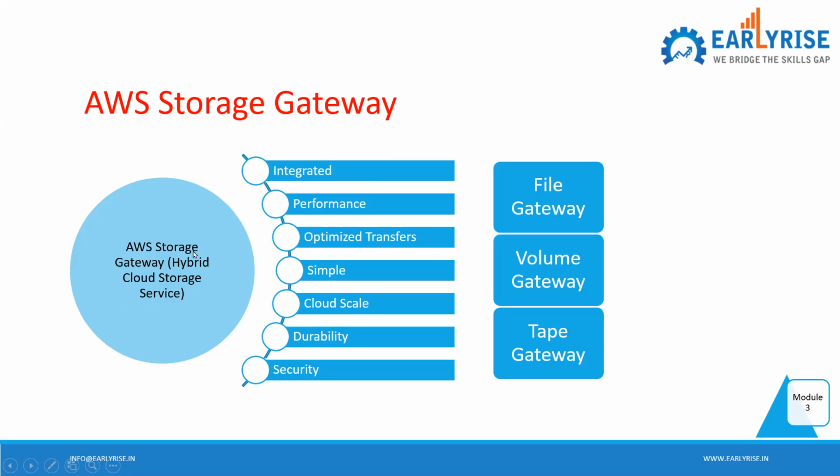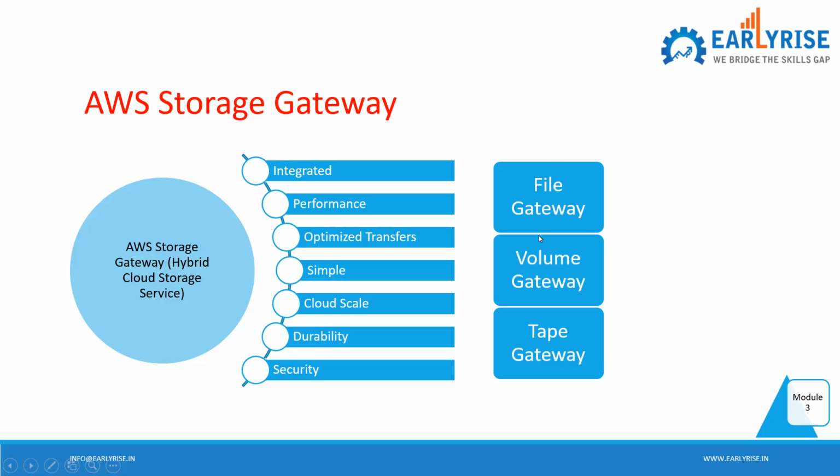Here it is as mentioned. So now your on-premises will get access to storage in the cloud. That is the public cloud where there is storage, and your on-premises, your data center, your office, will get the access. That's why we call it a hybrid cloud storage service.